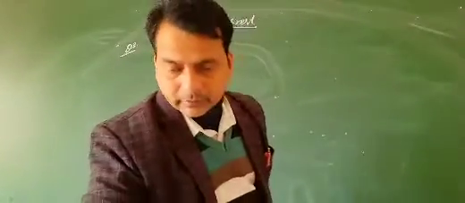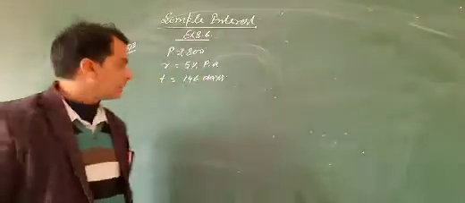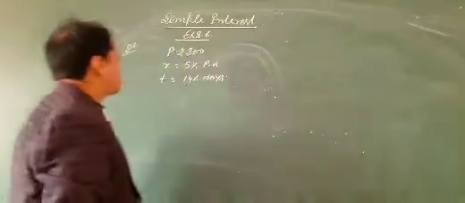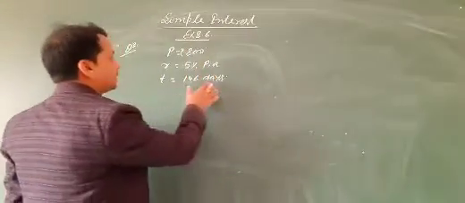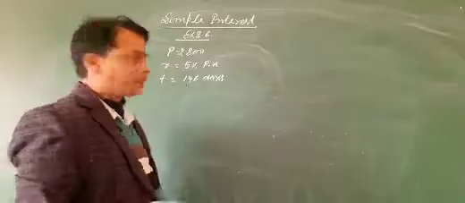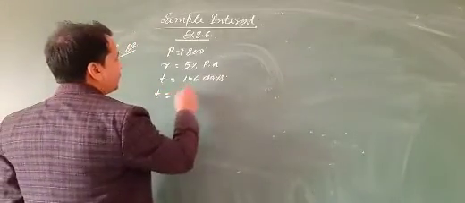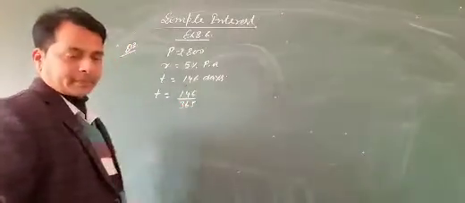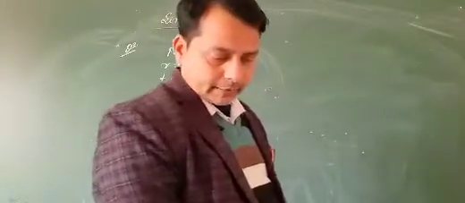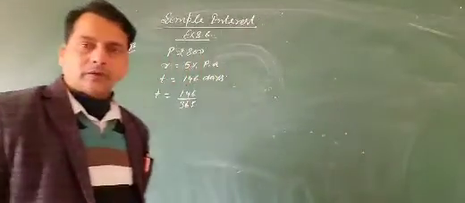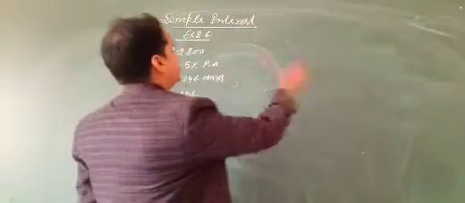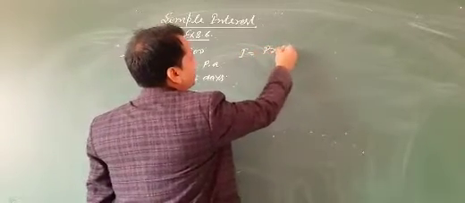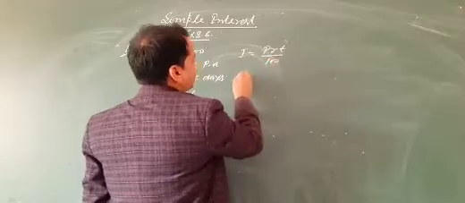So it is clear that we know that in 1 year there are 365 days. So first of all we will change days in the term of year, then T equal to 146 divided by 365. Then find the interest. So use the formula of interest. We know that here I equal to PRT by 100.